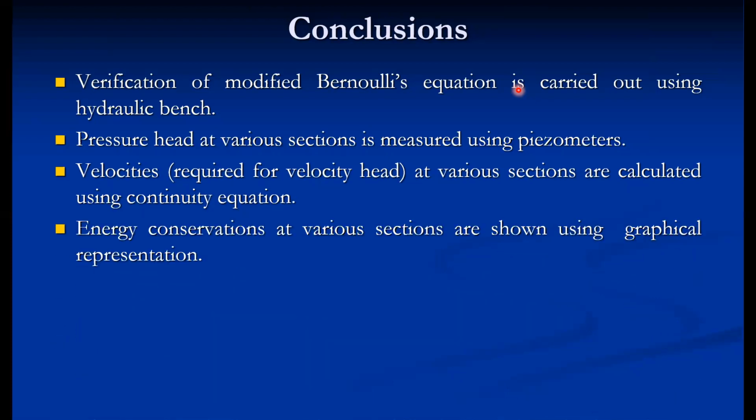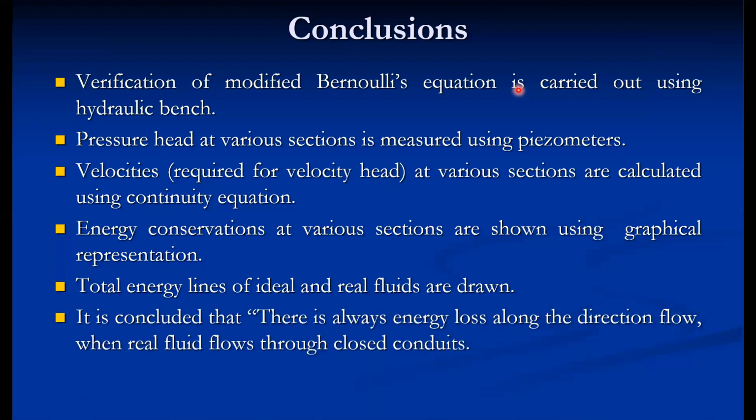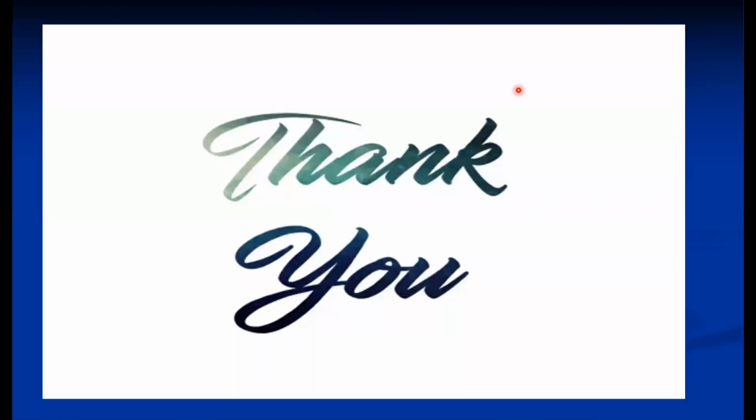The energy conservation at various sections is shown using graphical representations: how energy is conserved, changing its form from pressure energy into kinetic energy, or kinetic energy into pressure energy. Then the total energy lines of ideal and real fluids are drawn to demonstrate the losses. And it is concluded that there is always energy loss along the direction of flow when a real fluid flows through a closed conduit.